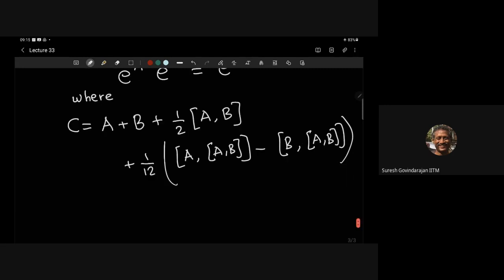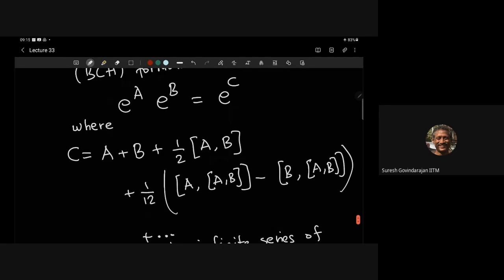The formula doesn't end here, plus an infinite series of terms. Is this formula clear? The first point is that, at least the good news is that e power A, e power B can be re-exponentiated.